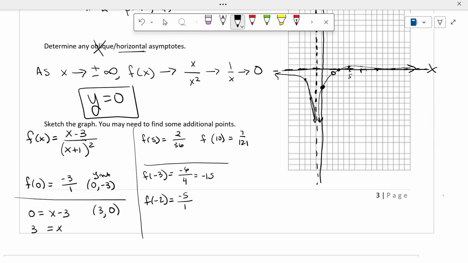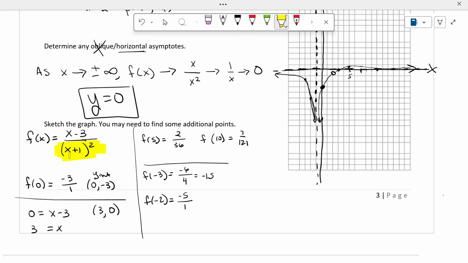Now, this is just something to note, not something you have to memorize, because you can always do data points. But if you have a repeated exclusion to the domain, right? So it's like x equals -1. Yes, it's a vertical asymptote, and it happened more than once down there.